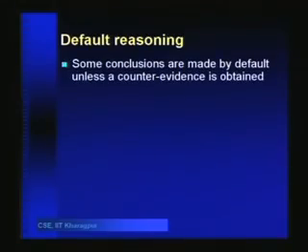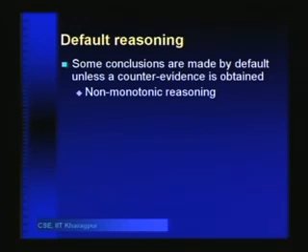But in non-monotonic reasoning, what we believe to be true now can later on become untrue. So, default reasoning is where some conclusions are made by default unless counter evidence is obtained. It is a kind of non-monotonic reasoning.